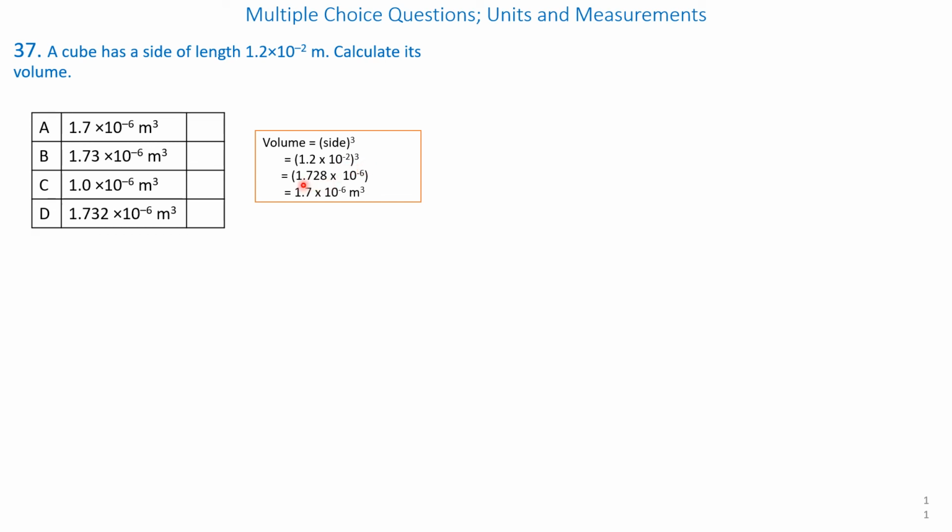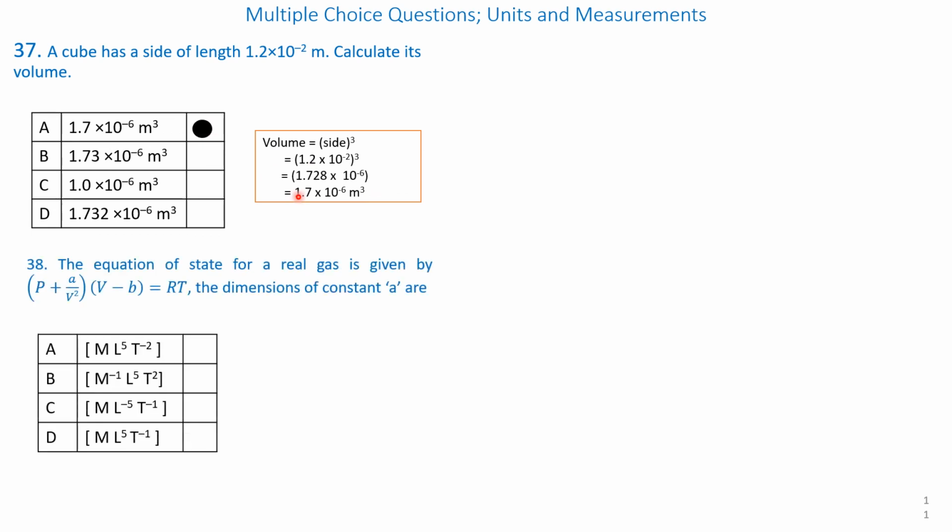So that becomes 1.2 into 1.2 into 1.2, that is 1.728, into 10 to the power of minus 2 into 3, that is 10 to the power of minus 6. Simplifying, we get 1.7 into 10 to the power of minus 6 meter cube. This answer is given in choice A. Therefore, A should be the correct answer.